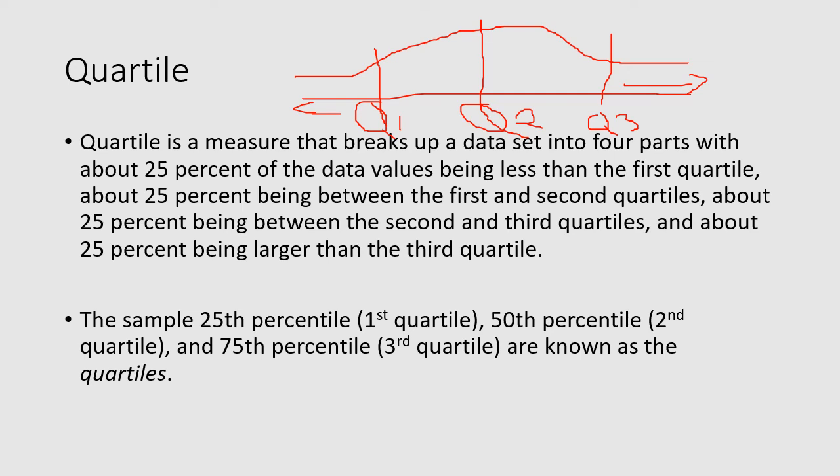So you can actually look at this. The second quartile is also called the 50th percentile. So when you are asked to calculate the 50th percentile, you are actually calculating the second quartile too. And the 50th percentile, as we talked about, is also the sample median.